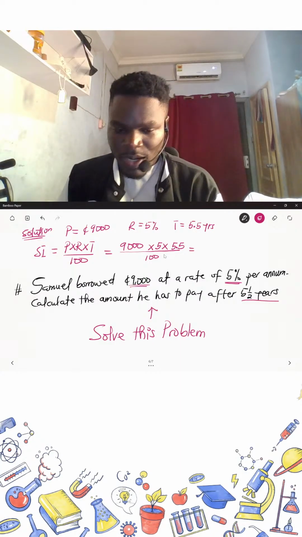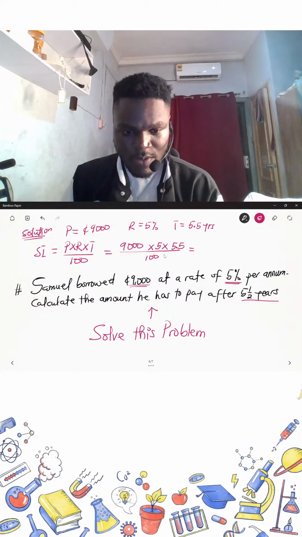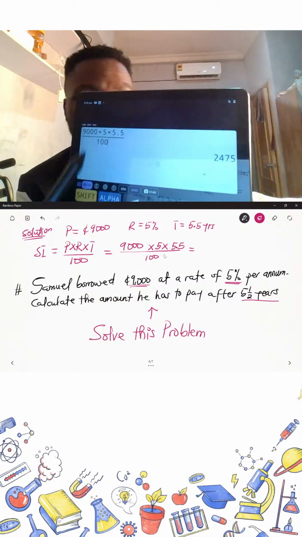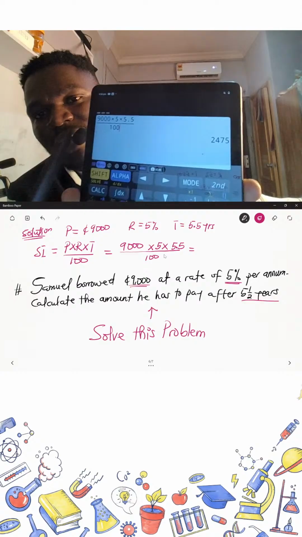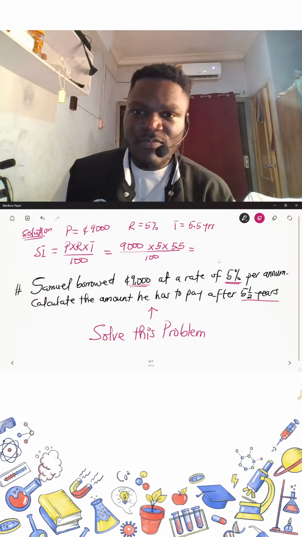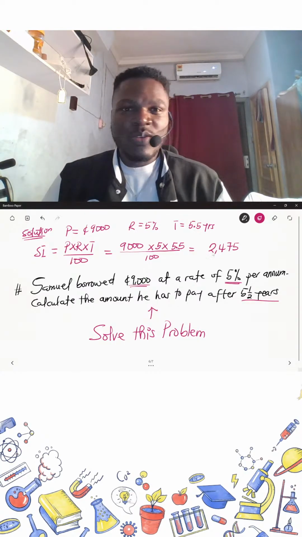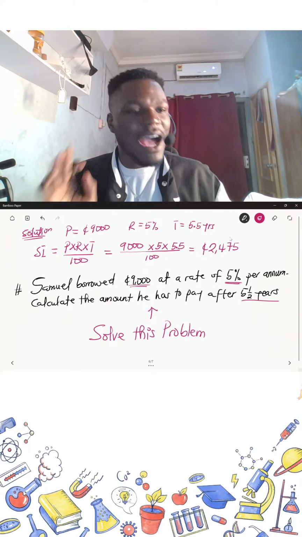So all I have to do is 9,000 multiplied by 5 multiplied by 5.5, all divided by 100, as you can see on my screen. That will give me 2,475.